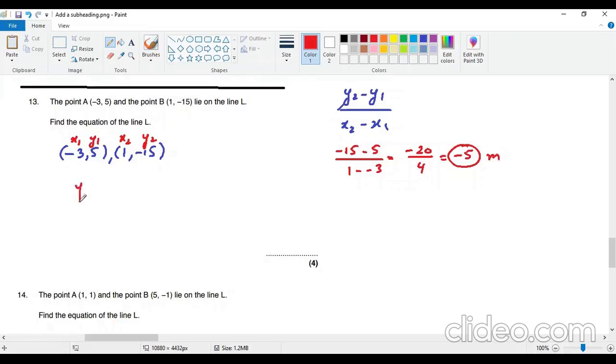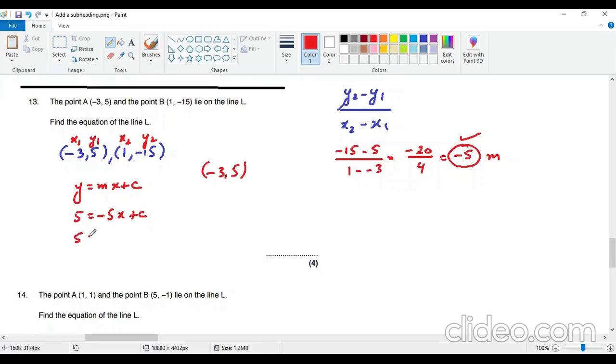Now the standard linear equation is y equals mx plus c. I can take any point I want. I'm taking (-3, 5) as the point, so y is 5, and the value of m is already known. So this is going to be minus 5x plus c, which we need to find out.